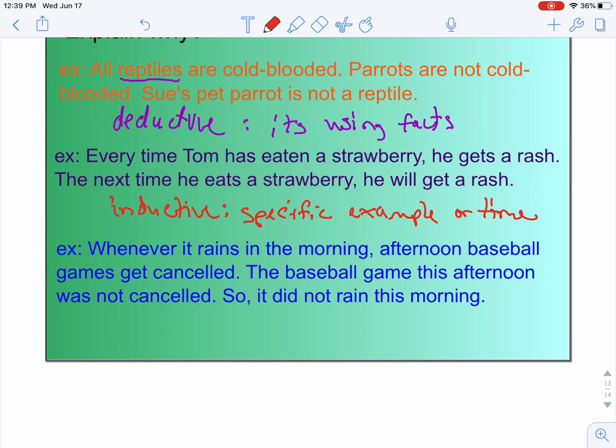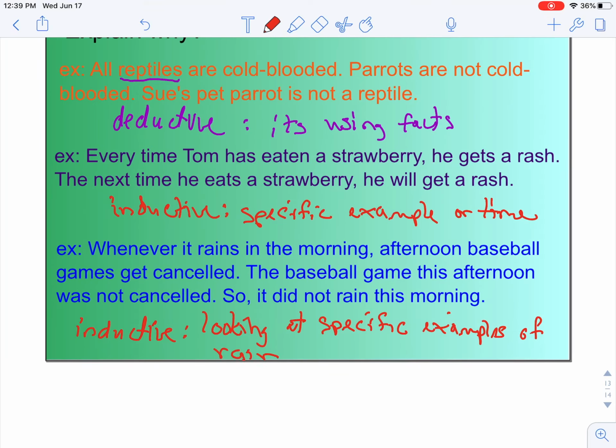And this last one is kind of interesting. It says, whenever it rains in the morning, afternoon baseball games get canceled. The baseball game this afternoon was not canceled, so it did not rain this morning. So I think the inclination is it's inductive because it's looking at specific examples of rain and cancellations.